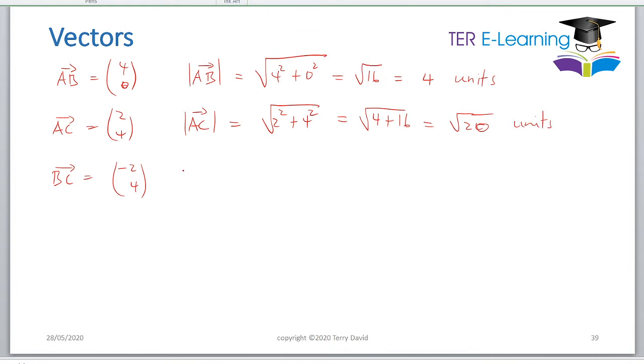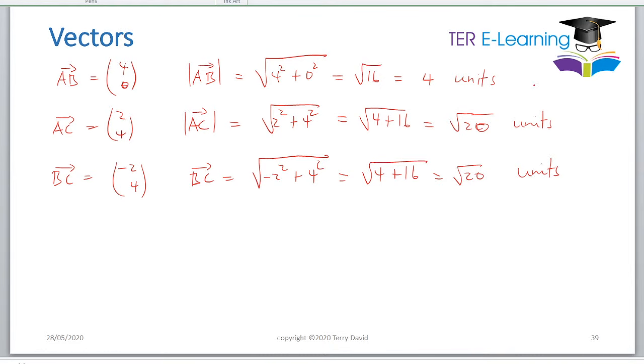And then BC is the square root of minus 2 squared plus 4 squared. Minus 2 squared gives me 4, 4 squared is 16, so this is the square root of 20 units.